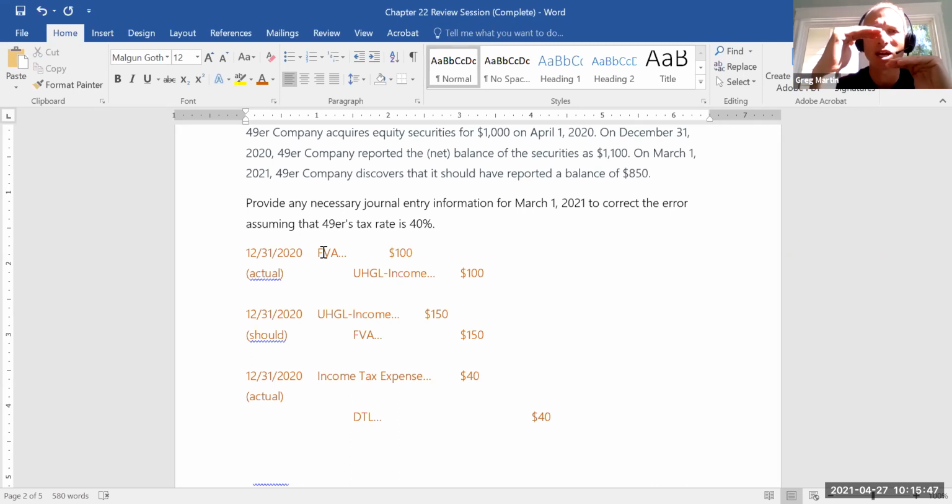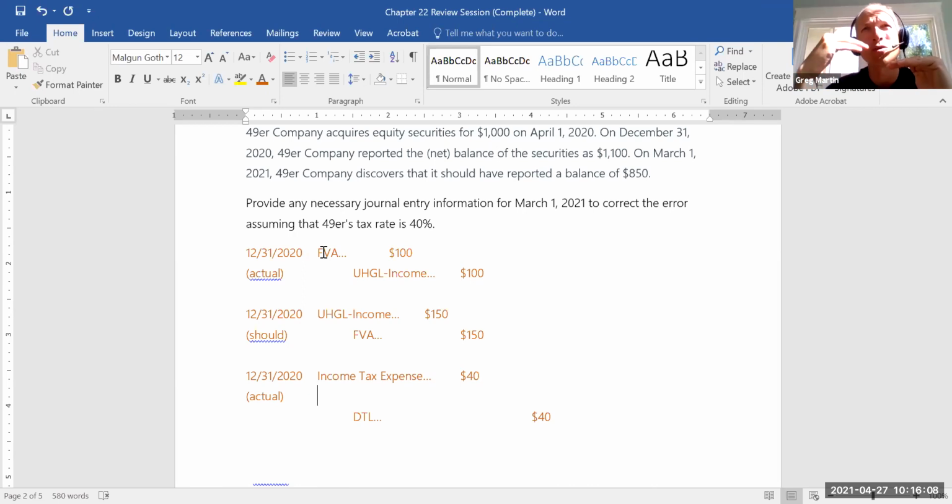Anytime there is a disconnect between the book value under the Internal Revenue Code and the book value under US GAAP, if that difference is temporary, then you're going to have a deferred tax liability or a deferred tax asset. In this case, it is temporary because eventually I'm going to get rid of this thing and it'll all get reconciled. But how do we handle that? So there's a $100 difference.